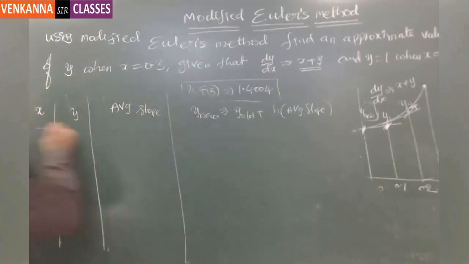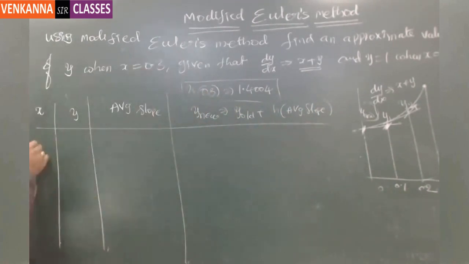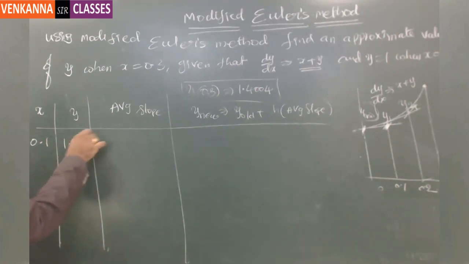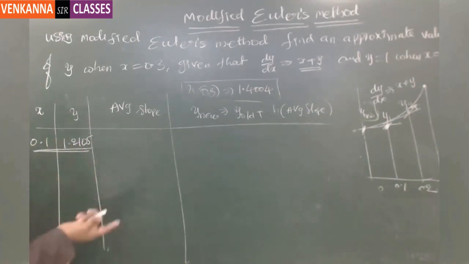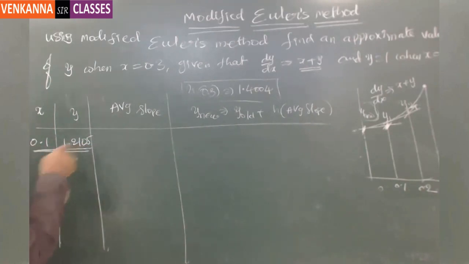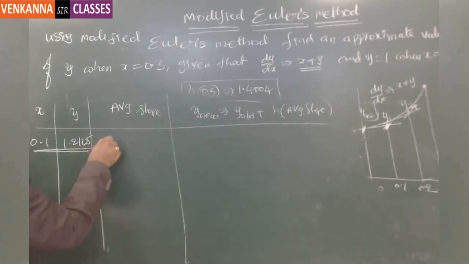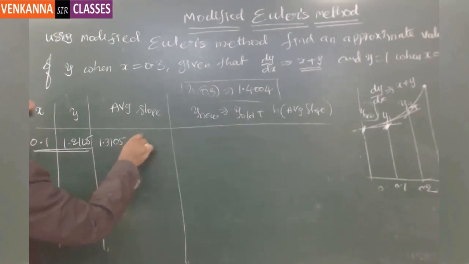So in the previous iteration, we have got for point 1 as 1.2105. Then the corresponding slope, so this is not an average slope. So here the slope for this first iteration is going to be the sum of these two. So you are not considering the average slope here in the first iteration. So this is 1.3105, not average.